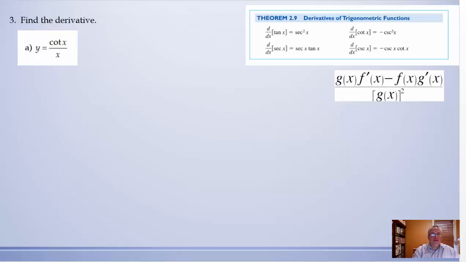We're going to use the quotient rule for this. The numerator is f, the denominator is g. Here we go.